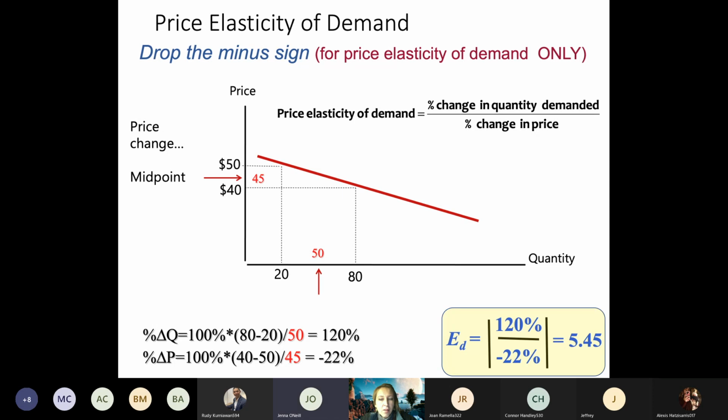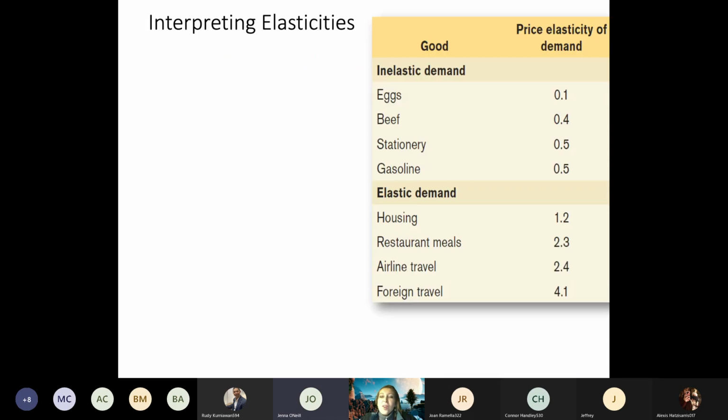If you say restaurant meals go down by 23% if the price goes up by 10%, or is it a quantity of 23? No, elasticity is the percentage change in quantity in response to a 1% change in price.